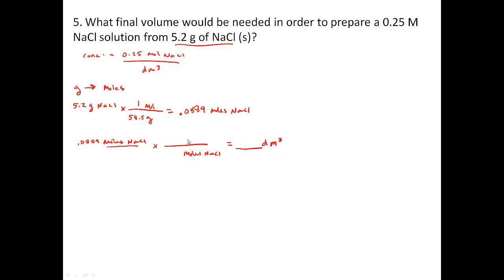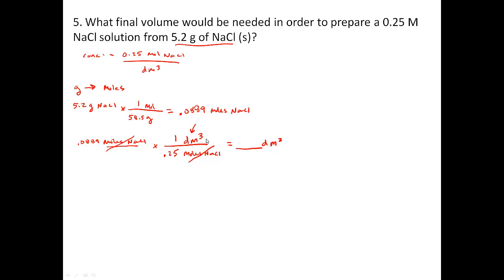On top, I'm going to put decimeters cubed. This is just my concentration. I'm taking the reciprocal of my concentration here. And I know that in 1 decimeter cubed of my solution, I've got 0.25 moles. Moles is going to cancel, and I'll be left with decimeters cubed.